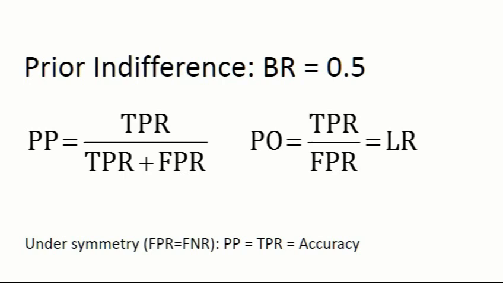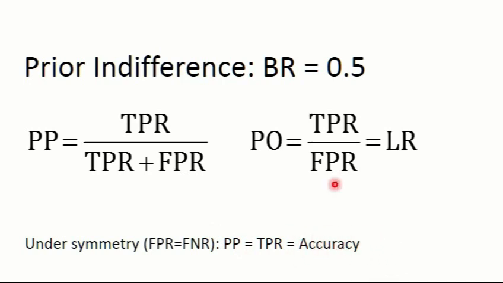Under prior indifference, the Bayes theorem simplifies to TPR divided by TPR plus FPR, which is close to TPR, as typically the two error sizes are not far apart, and therefore the denominator here is close to 1. And actually, in the special case of symmetric evidence, where the two errors are the same, PP, the posterior probability, actually equals the true positive rate exactly, which in turn equals accuracy.